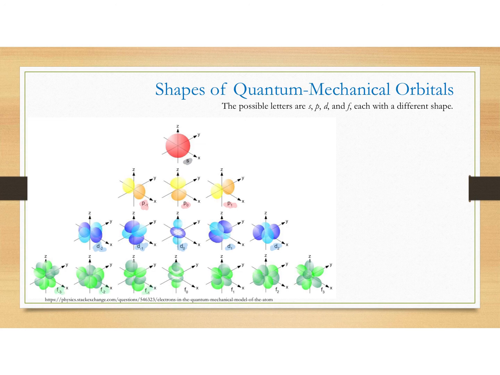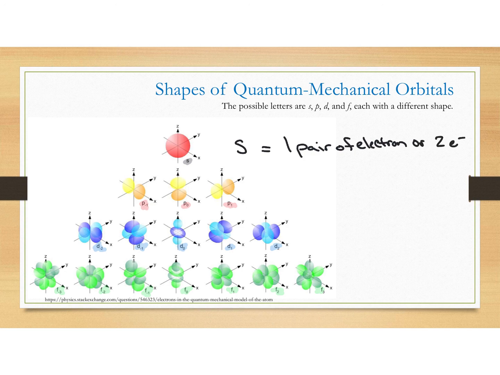So there are 4 subshells, S, P, D, and F. The S subshell has 1 pair of electrons, or 2 electrons.